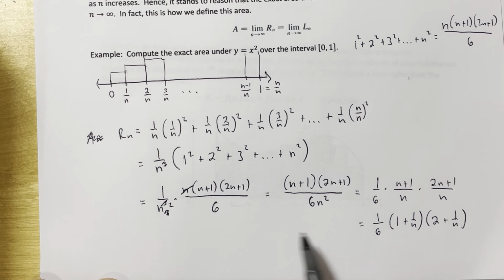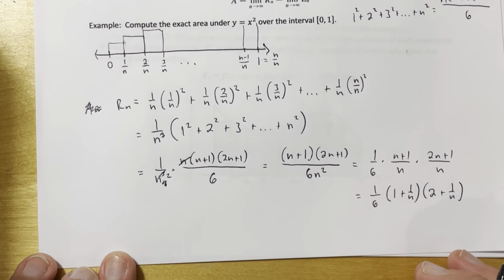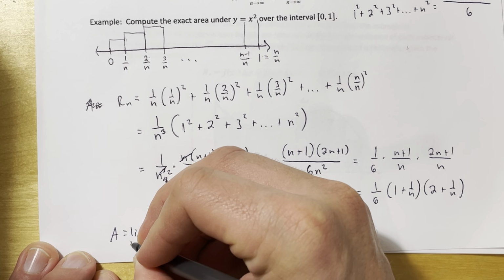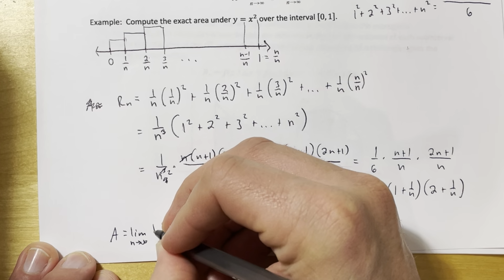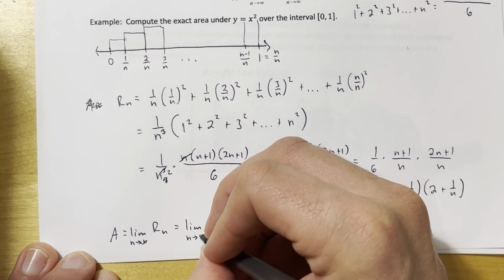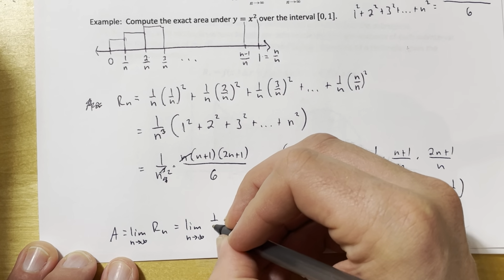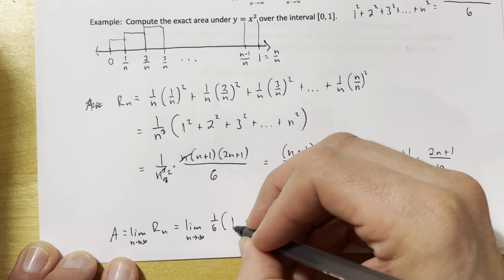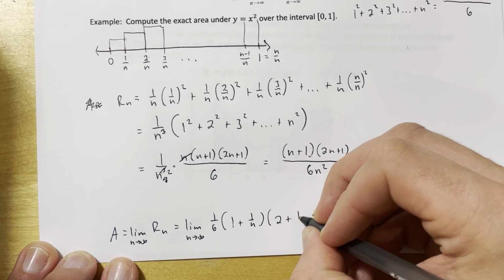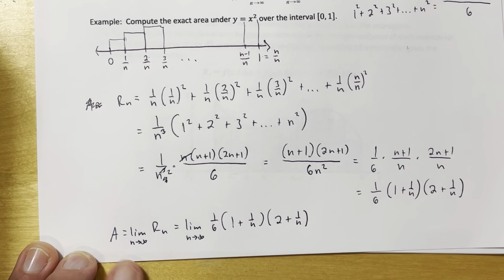What I need, though, is a limit. So the actual area under this curve is equal to the limit as n goes to infinity of Rn, or the limit as n goes to infinity of the expression that I just found, 1/6 times 1 plus 1 over n times 2 plus 1 over n.